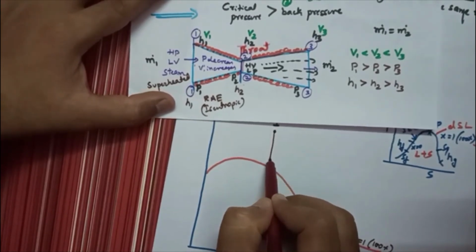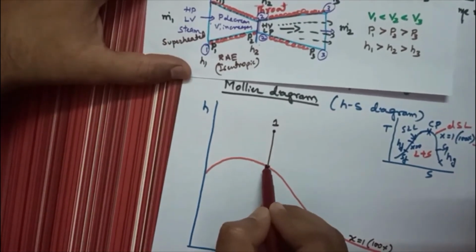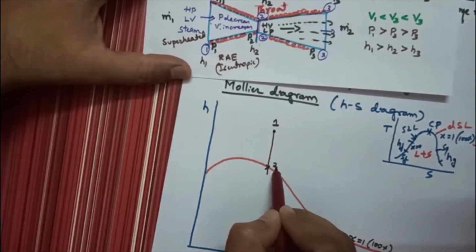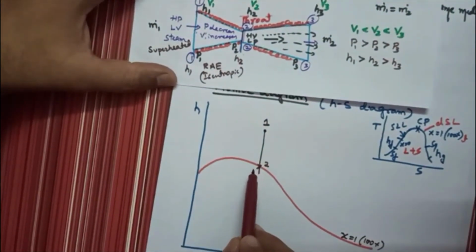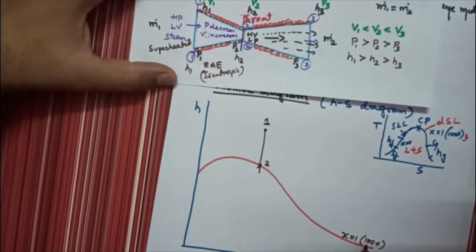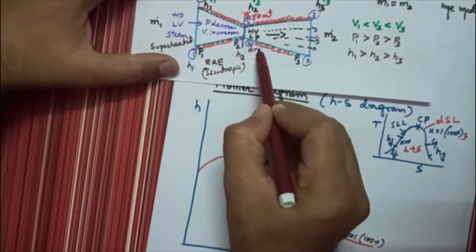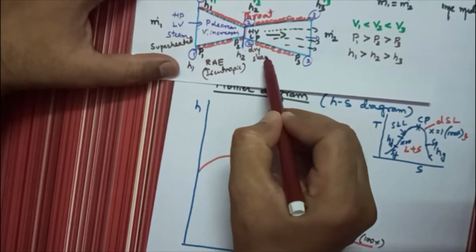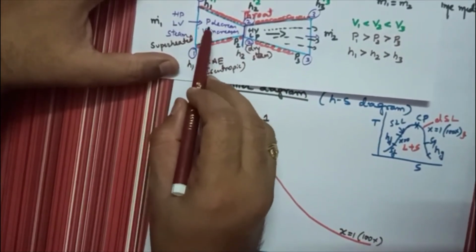Now I will draw one vertical line in the HS diagram. So point number 2, when it touches the dry line. So what does it mean? The point number 2 is on the dry line, that is the dry saturated line. What does it mean? Here it is only dry steam. The value of x is equal to 1. So in this region, the value of x is more than 1.